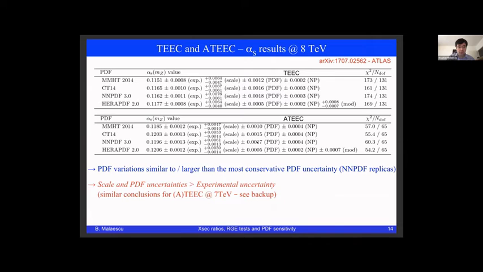So this PDF uncertainty is somewhere in between the experimental and the scale. And now if you also look at the variations when changing the nominal PDFs, these are also quite significant. So the thing to note here is that once again the PDF uncertainties cannot be considered as being negligible.